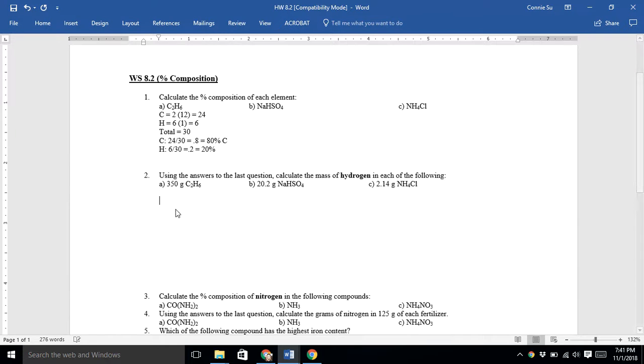Changing 20% into a decimal is 0.2. I multiply, and I got 70 grams. So 70 grams out of 350 is hydrogen. The rest, which is 280, will be carbon.